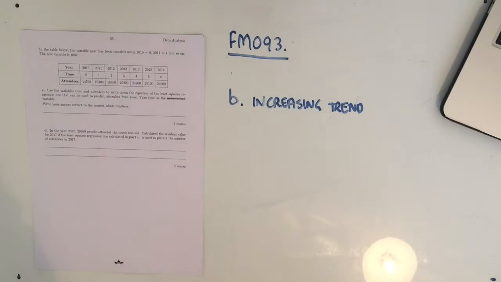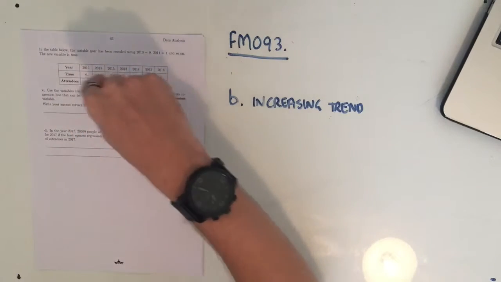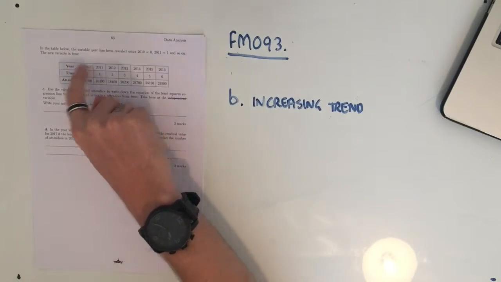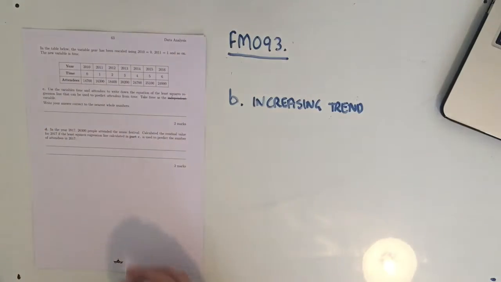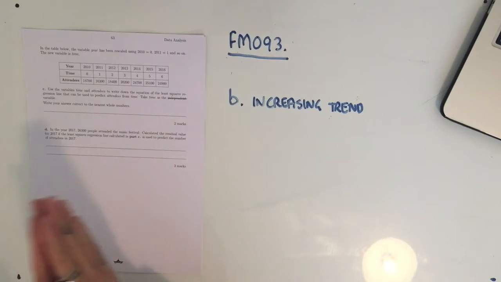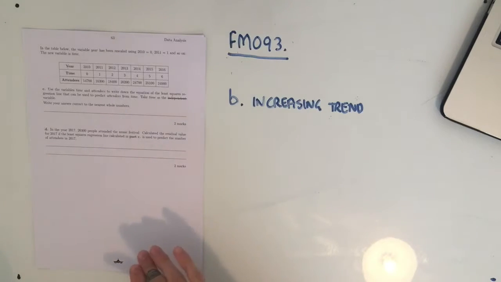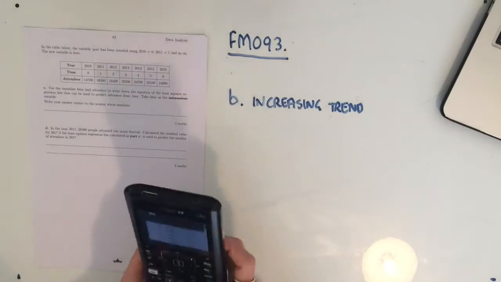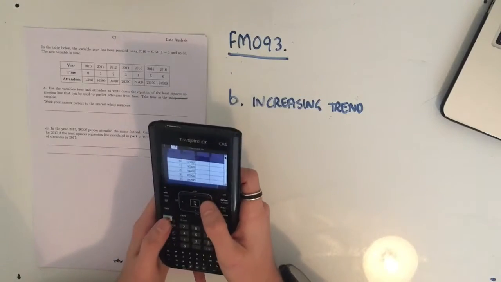We've got time in here now because we would otherwise end up with a regression line that started at 2010 on our explanatory variable, our x-axis, which is why we changed it over to time of 0, 1, 2, 3, 4, 5 in the first place, so we get a nicer looking graph.